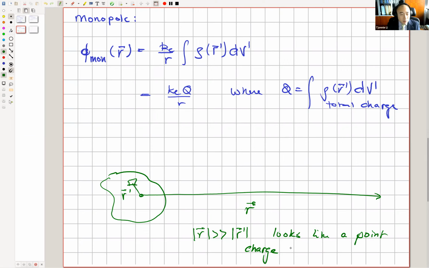And this is exactly what we started off with: the assumption is that if we go very far away, I'm simply going to get a point charge.